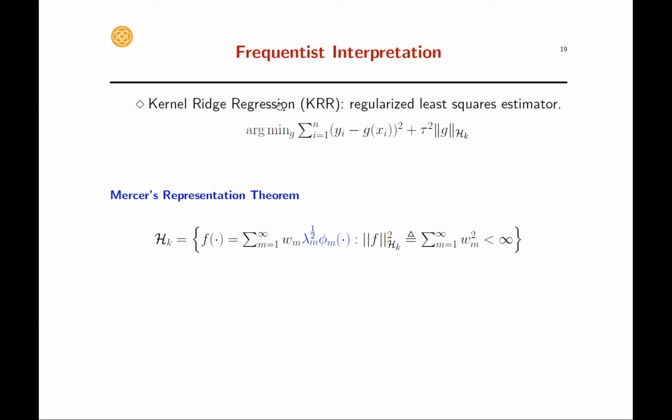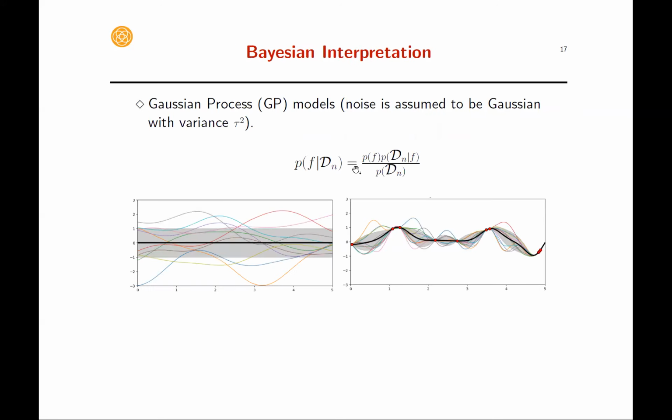From this interpretation, we can see why kernel-based models are a generalization of linear models. It's basically the infinite dimensional linear model in the feature space determined by the kernel. So overall, it's non-linear, but it's linear in the feature space of the kernel, which is uniquely determined by the kernel.